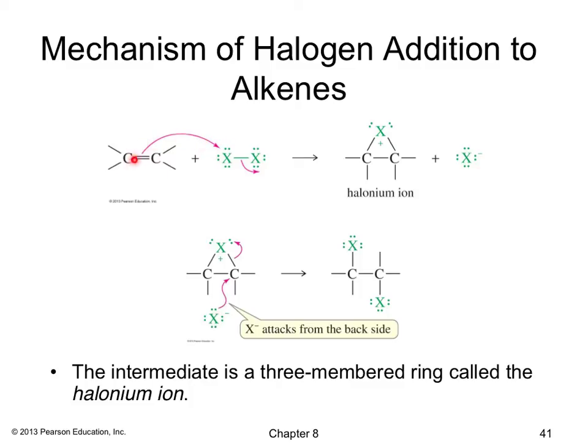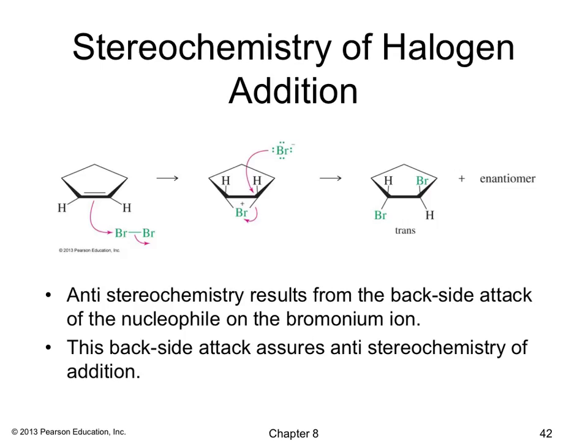Here's your source of electrons, here's your nucleophile, attack, and form a bond and then kick off that X. It forms what is called a halonium ion. Just like the mercurinium ion, you're now forming a halonium ion. And now the X, in this case the halogen, will then attack from the backside and kick off that. So the intermediate is called a halonium ion, and then you have anti attack from the other side.